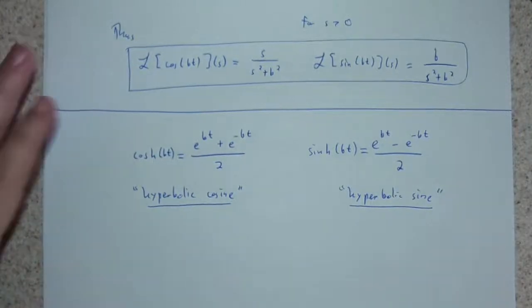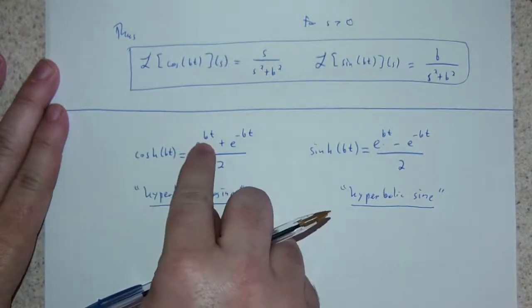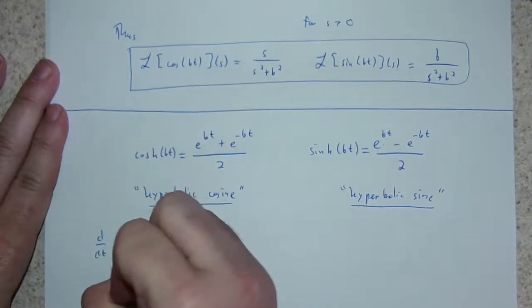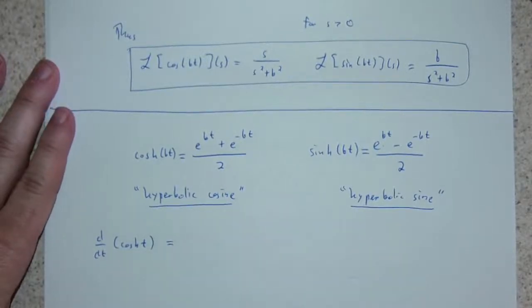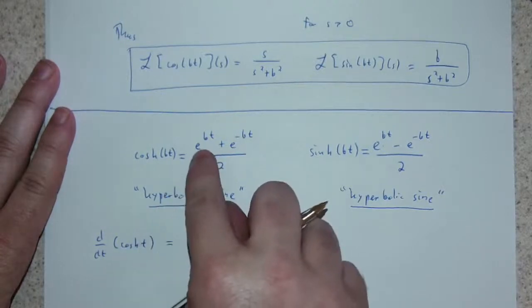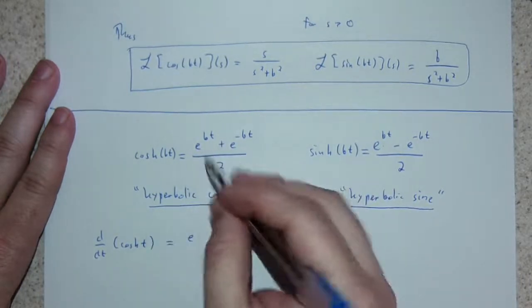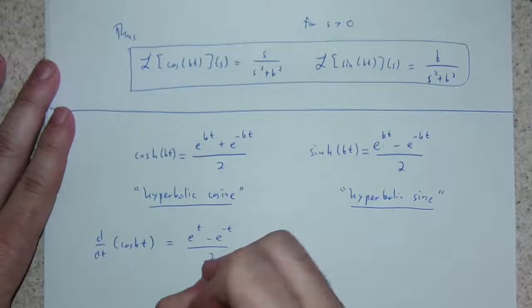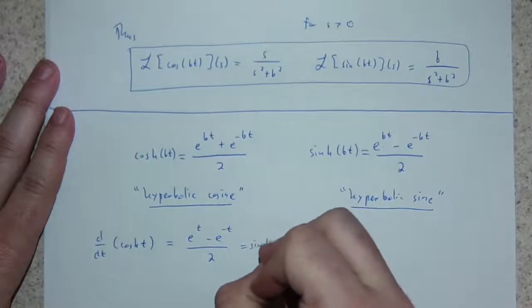Now, if you don't believe me, let's check something really quickly. I'm going to use just cosh of t, so b is 1 here. What is the derivative of cosh of t? To show you that this behaves like sine and cosine, the derivative of cosh of t is (e^t - e^(-t))/2. But that's sinh of t.